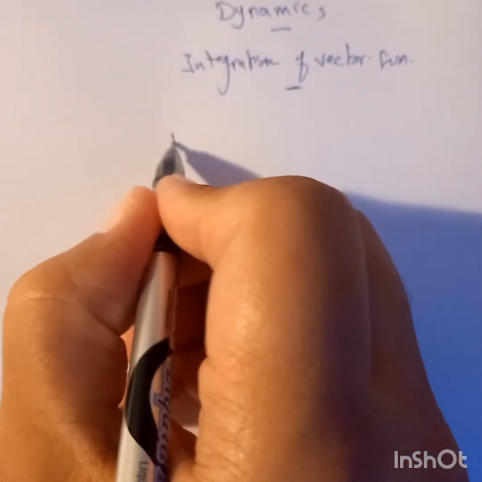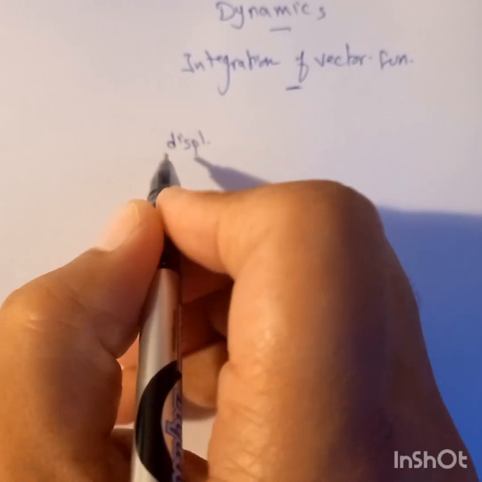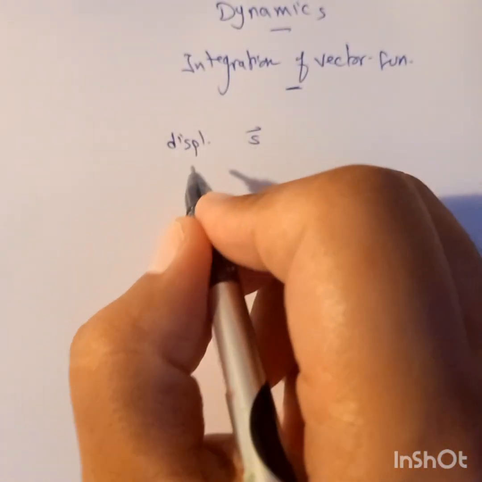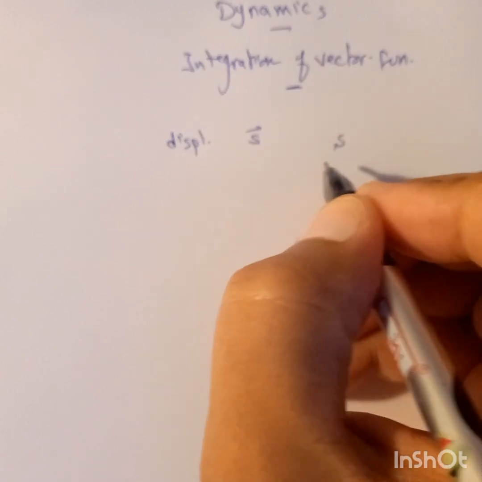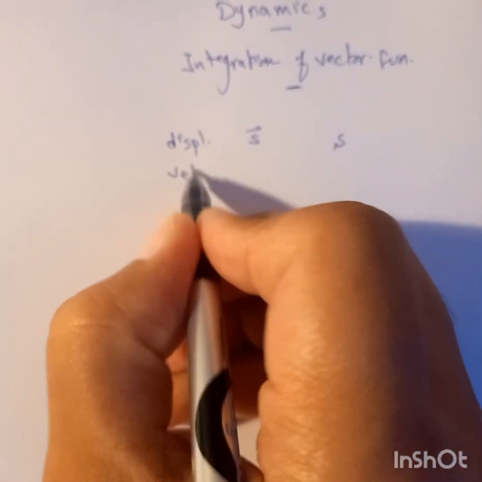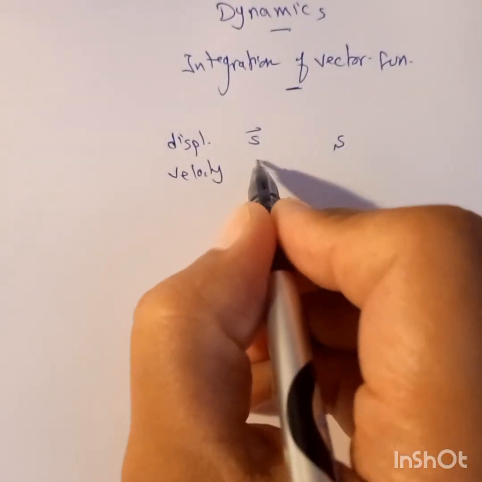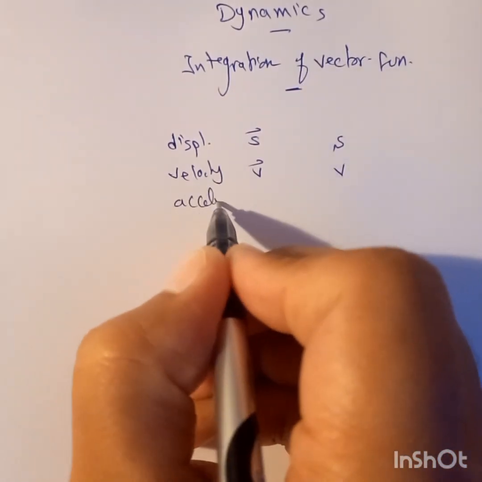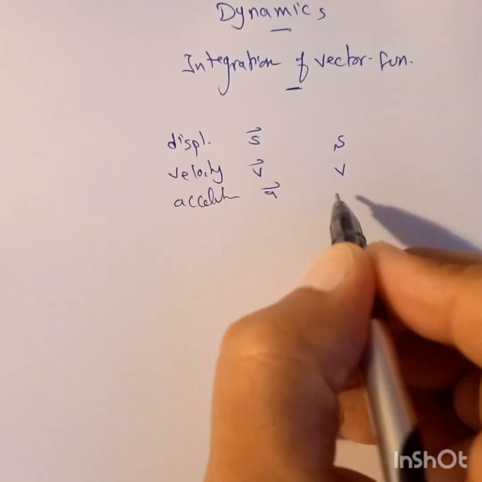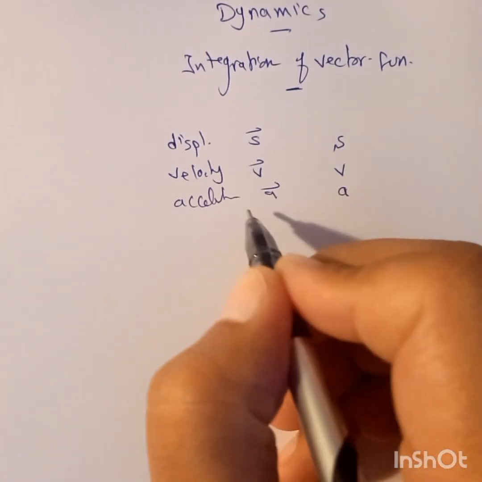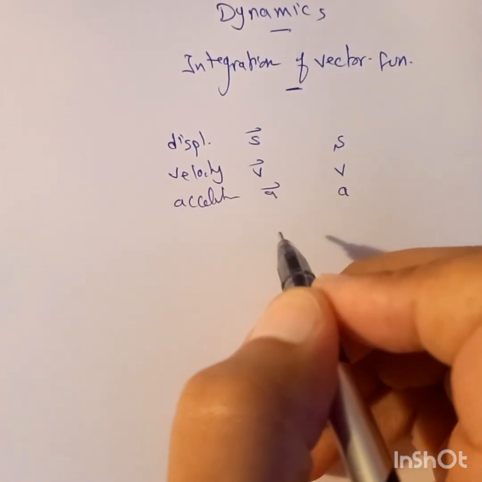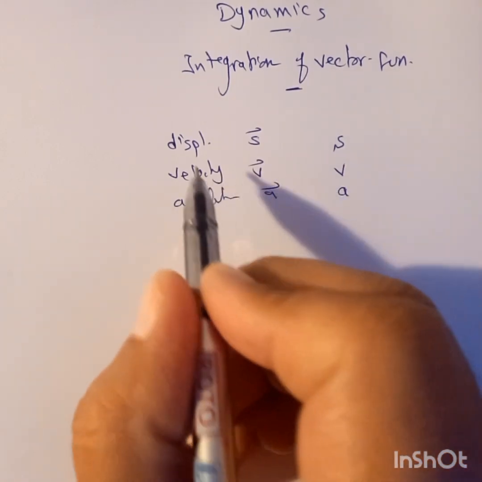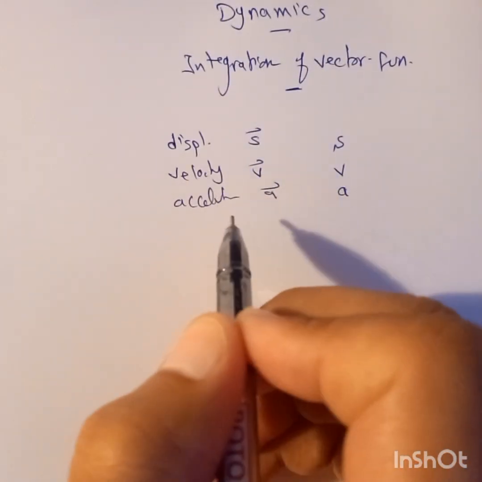Here we have the displacement function S, which we can express in algebraic measure S. We have the velocity function V, which we can express as V, and we have acceleration A, and the algebraic measure of this vector is A. And we explained how to derive each of these vector functions from the other.